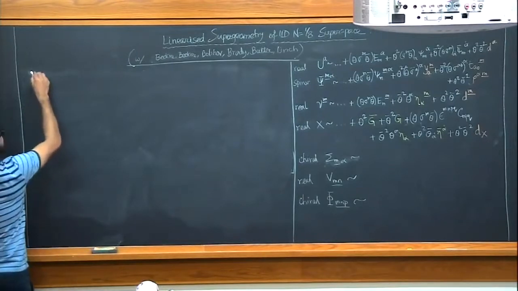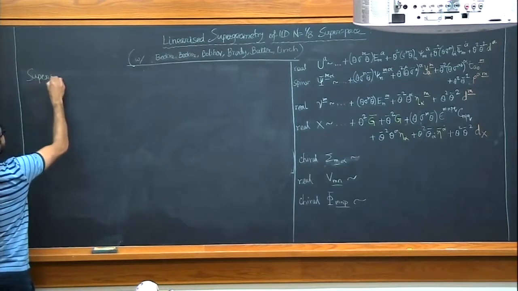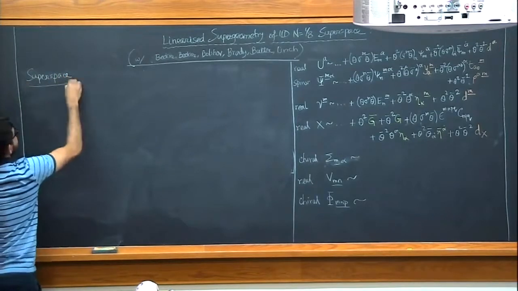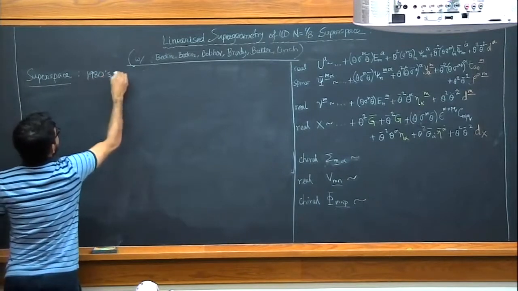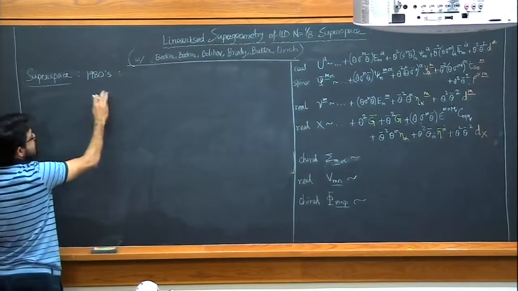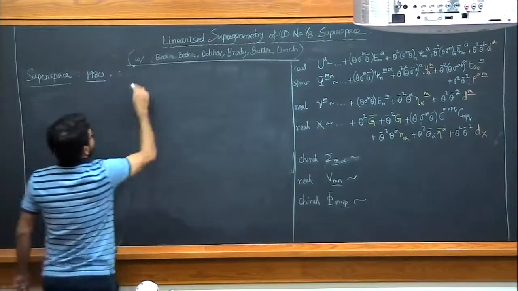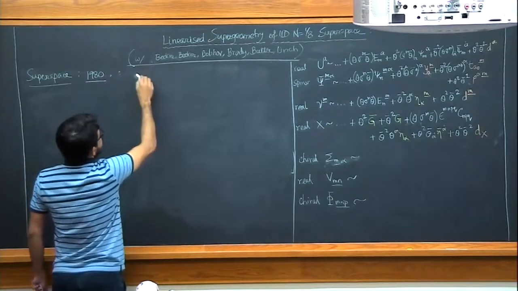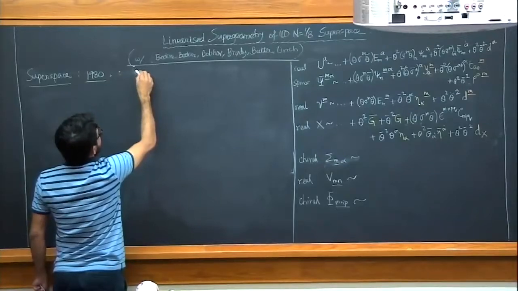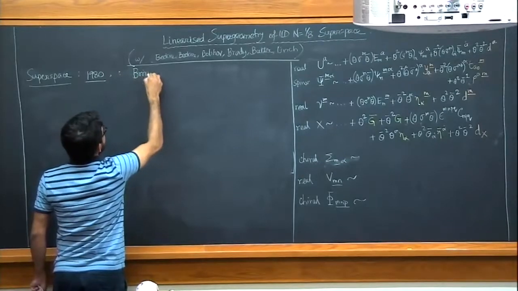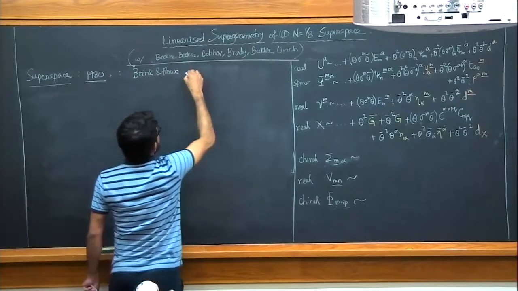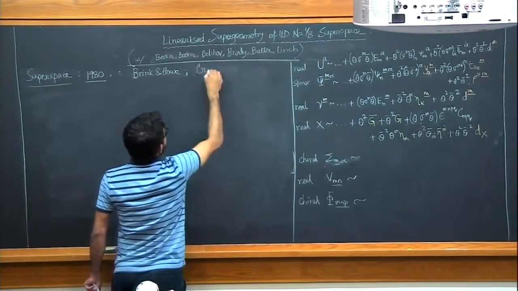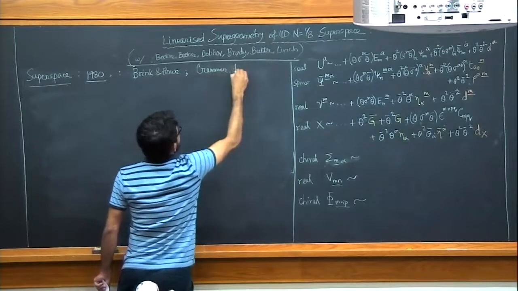So this is the superspace that was built in the 1980s, I think in the year 1980 itself. There were two different separate papers that did this, one by Brink and Howe, and then also I think Cremmer and Becker.